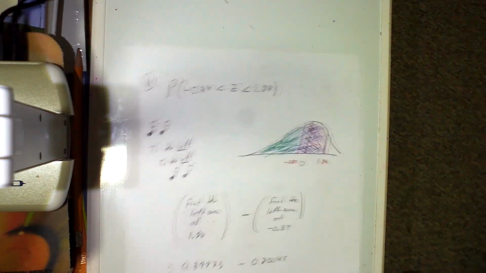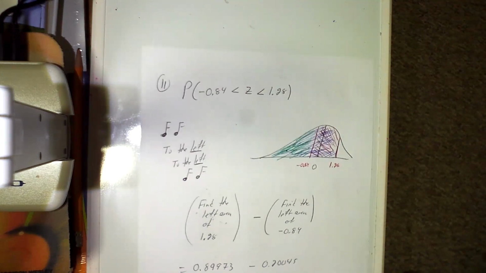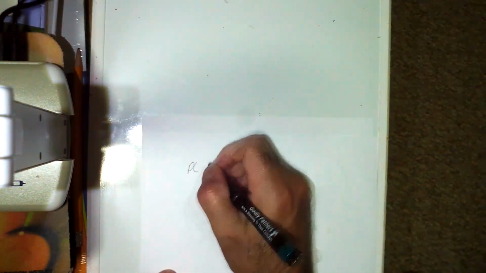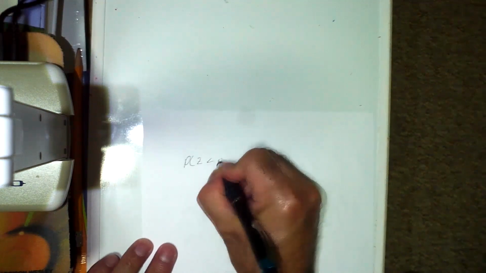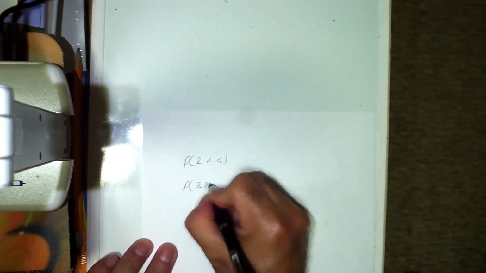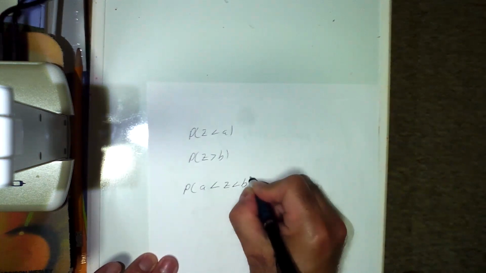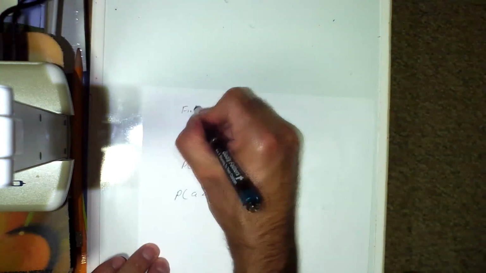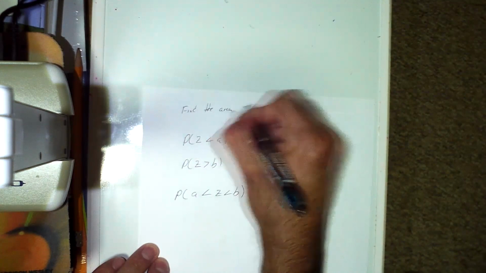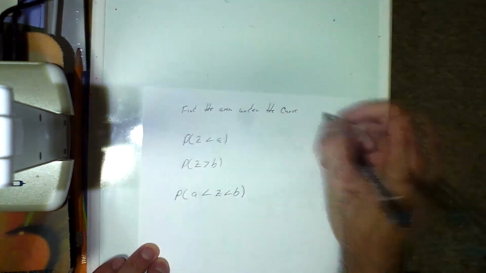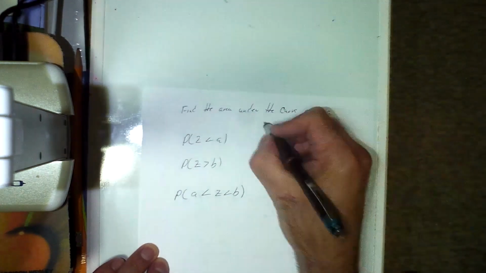All right, now the last part. What we've done here, all these probabilities: we did probability of Z less than A, probability of Z greater than B, and A less than Z less than B. All these were finding the area under the curve given a Z value.